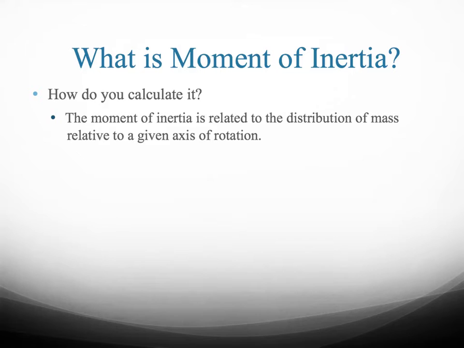The calculation of the moment of inertia, if you remember, is related to the distribution of mass relative to a given axis of rotation. If we have a finite system of masses located at specific locations in the xy plane, for instance, the moment of inertia is just the sum of those individual masses times their distance to the axis squared.